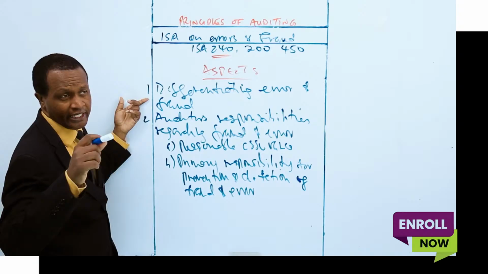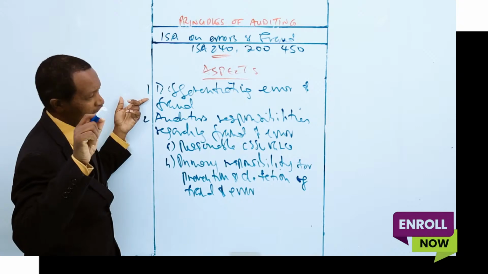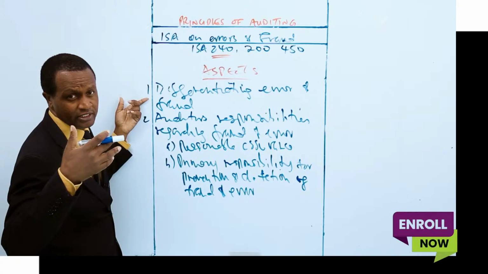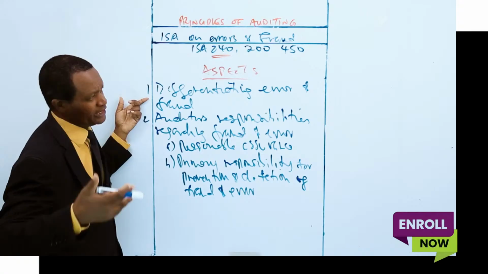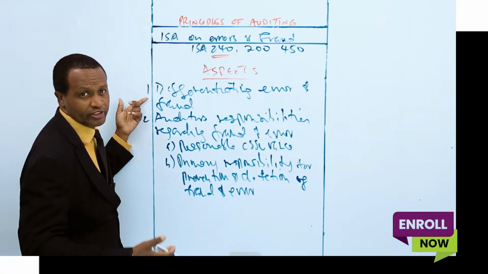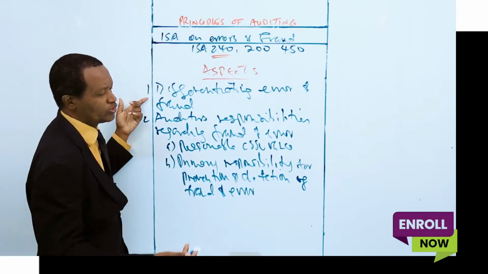The intent is very key because ISA 240 explicitly states that the distinguishing factor between error and fraud is whether the underlying action that results in the misstatement of the financial statements is intentional or unintentional.